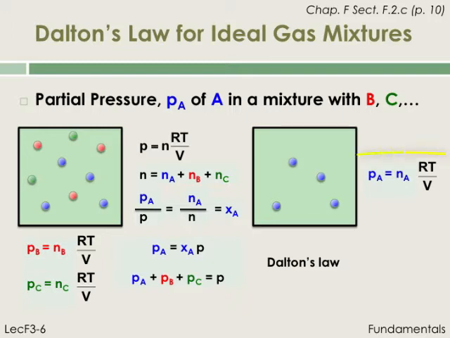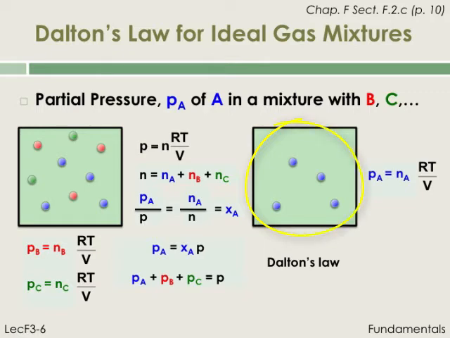So we would write P sub A is equal to N sub A, the number of moles of A, times RT over the volume in which the whole mixture is contained. But now P sub A is the pressure that is just due to A. It's the pressure due to the component A, assuming A was alone in the gas mixture.